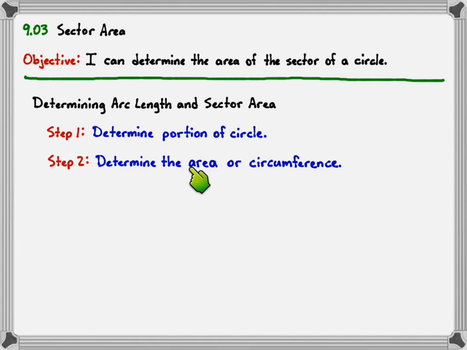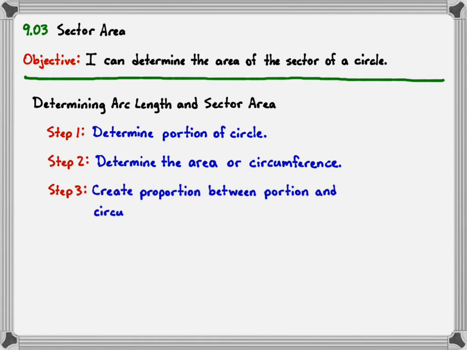In the previous lesson we were looking at arc length, so we were focusing on the circumference of the circle. And then step 3 was to set up a proportion. In other words, we're setting the two fractions equal to each other. We're setting the fraction from the portion of the circle that we got to the fraction relating the sector area to the whole area. We're going to set those equal to each other and then just cross multiply.